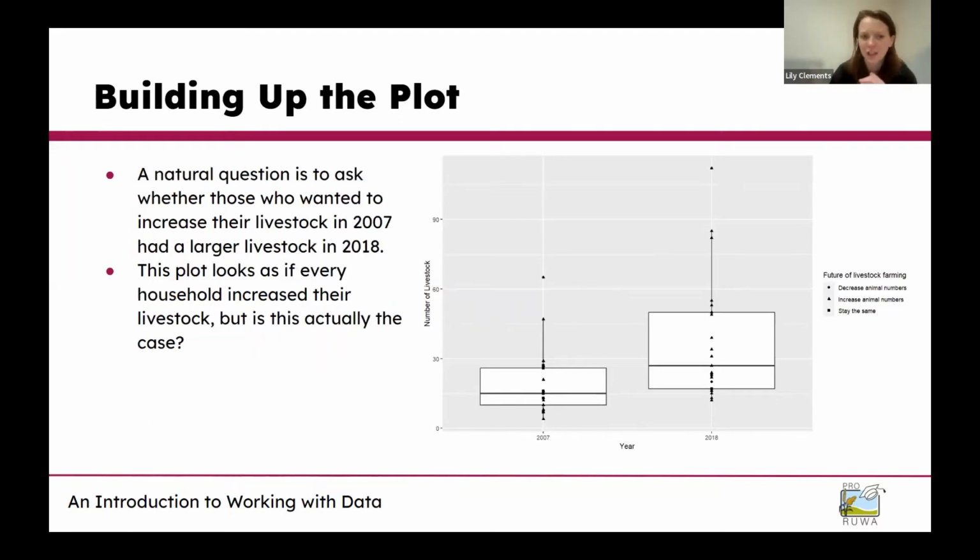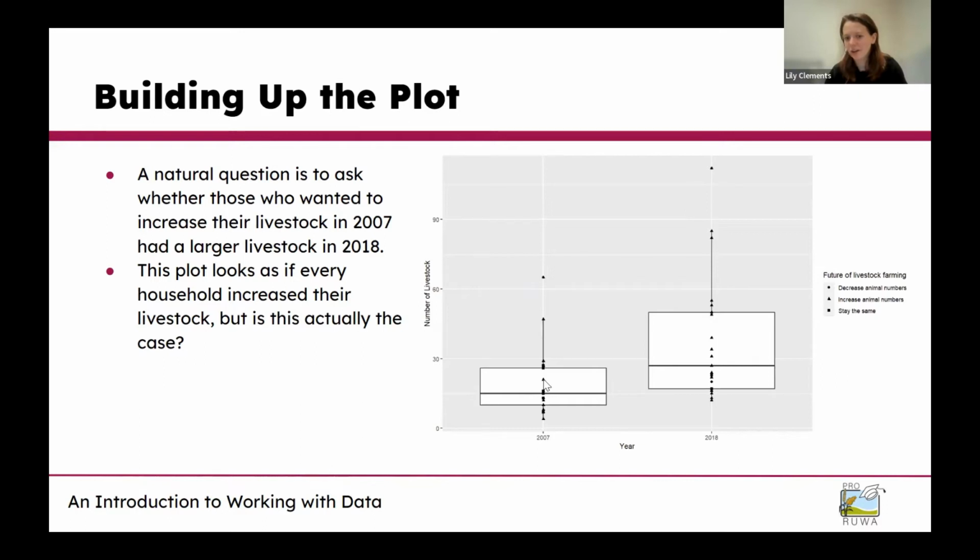So a natural question to ask is whether those who wanted to increase their livestock in 2007 had larger livestock in 2018. In other words, those people that have a triangle in 2007, are they the people who then have a higher value in 2018?